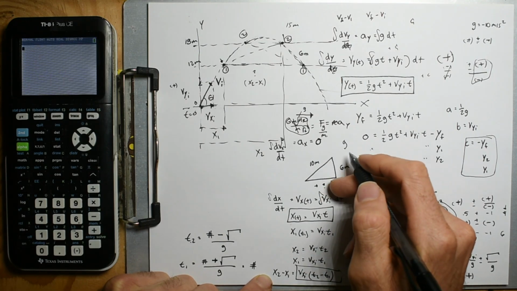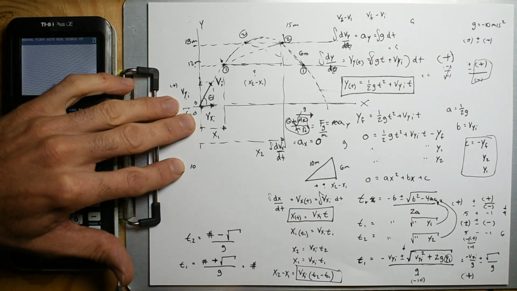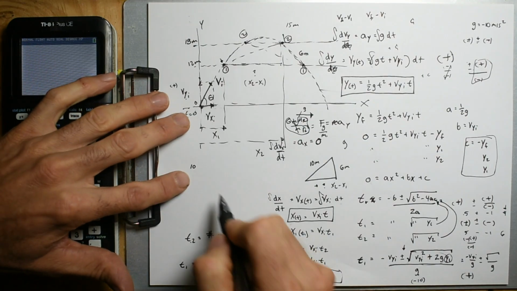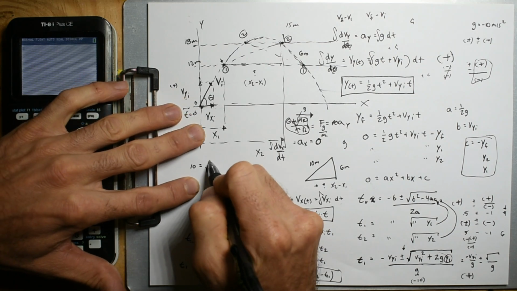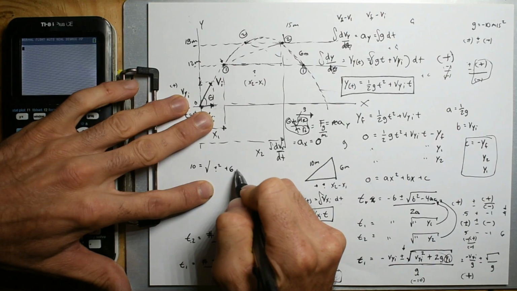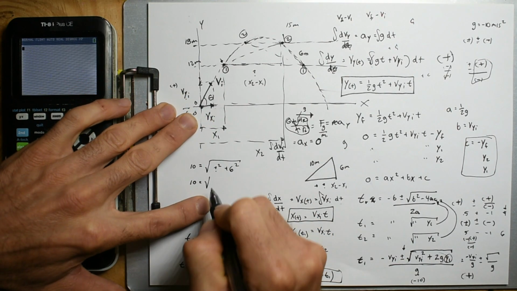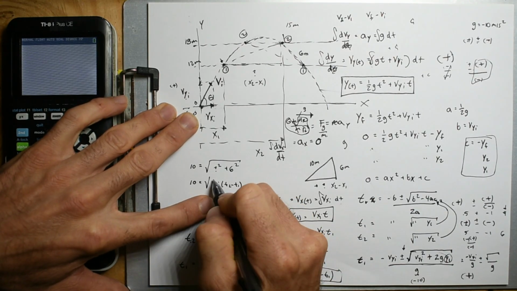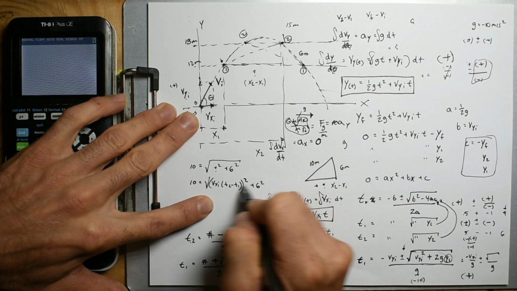And then I'm going to make a simple Pythagorean theorem. I'm going to say 10, this hypotenuse, is equal to the square root of whatever this is squared plus 6 squared. So 10 is equal to the square root of Vxi times t2 minus t1, and we're going to square the whole thing, plus 6 squared.